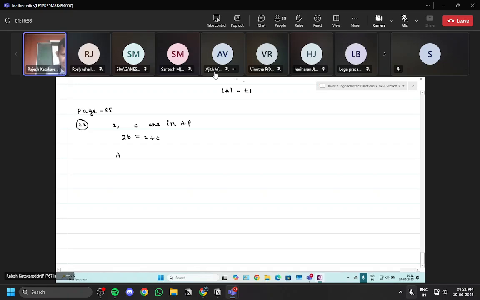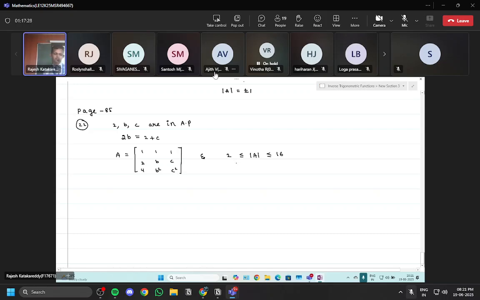And they have given a matrix A equals [1, 1, 1; 2, b, c; 4, b square, c square]. Given that 2 is less than or equal to determinant of A, which is less than or equal to 16, we need to find the interval for c.